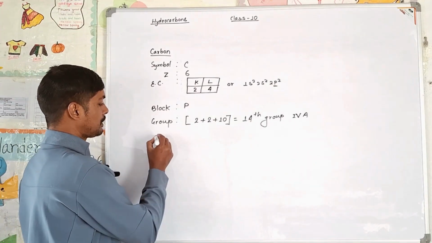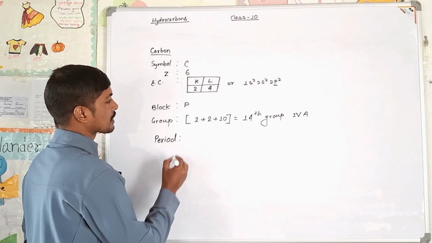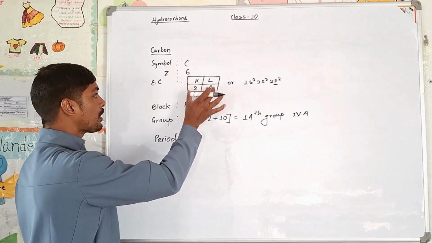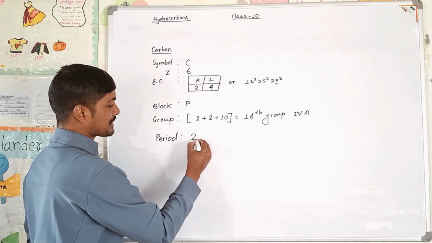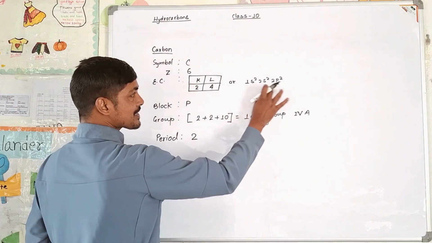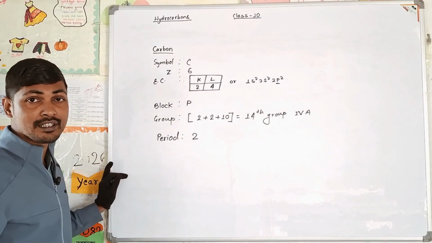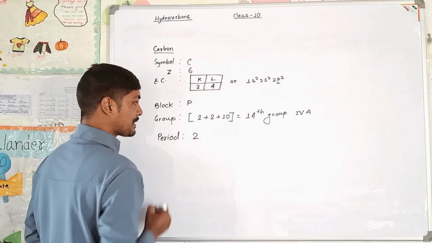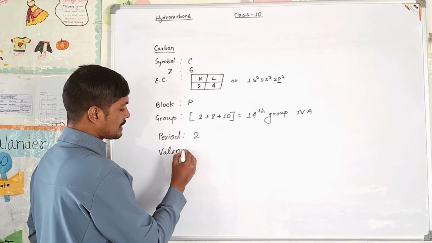After group, in which period does carbon lie? Period means the number of shells. How many shells are there? 2 shells, so its period is 2, or it is the largest coefficient in the subshell electronic configuration. Now valency.